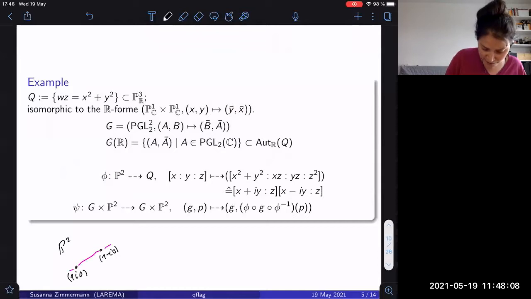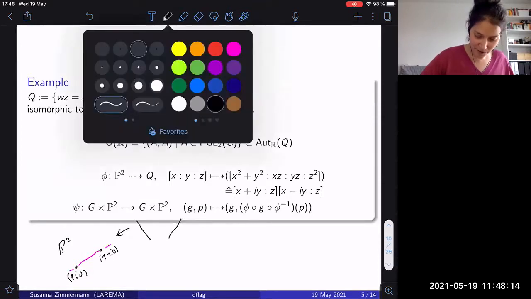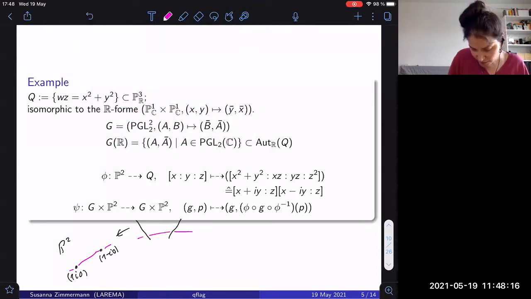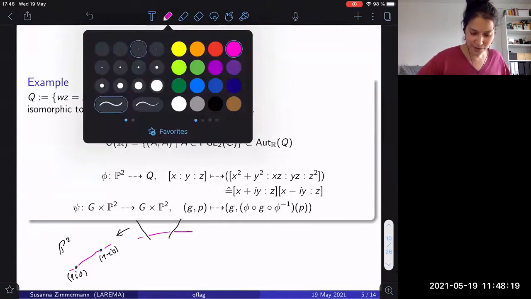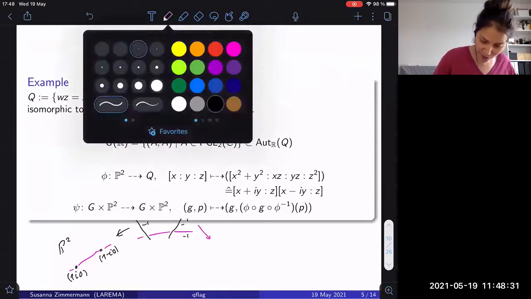From here, I can blow up the 2 points that I wrote down. They are 2 conjugate points. Okay. And then on this surface, the pink line becomes contractible. Okay, so these are -1 curves, -1 curves, -1 curves. I can contract the pink line and I go to Q.